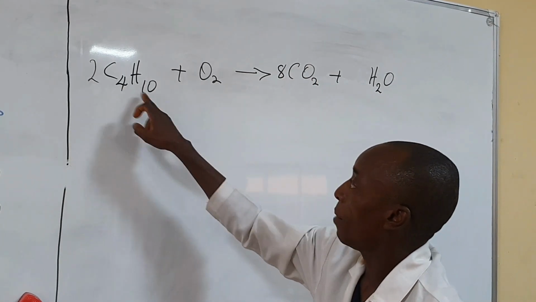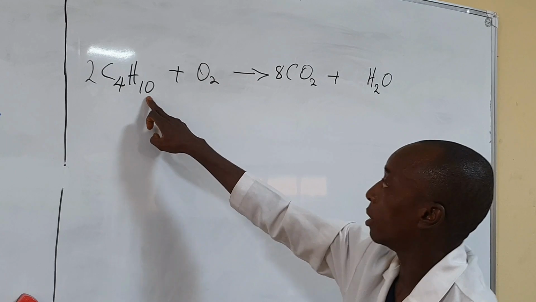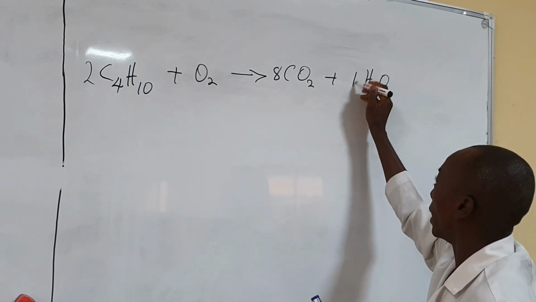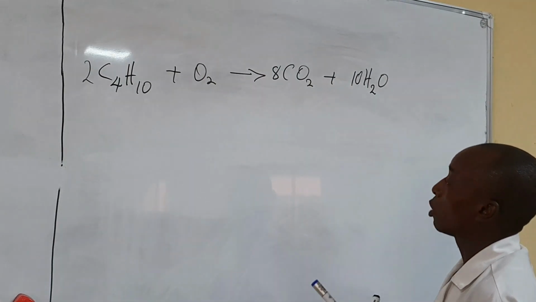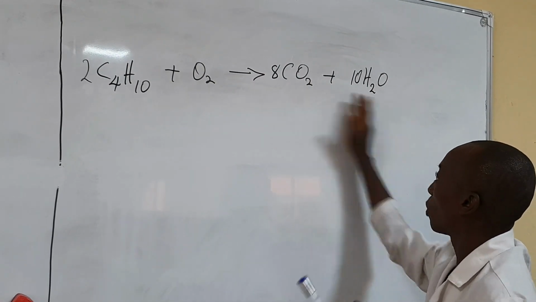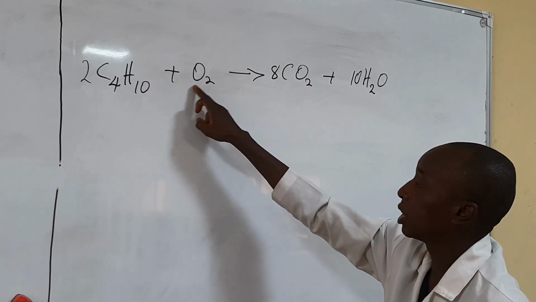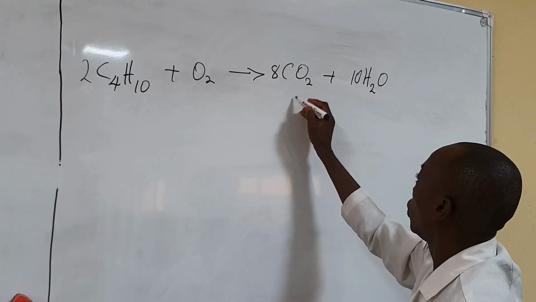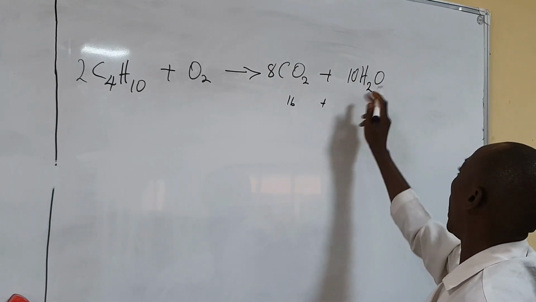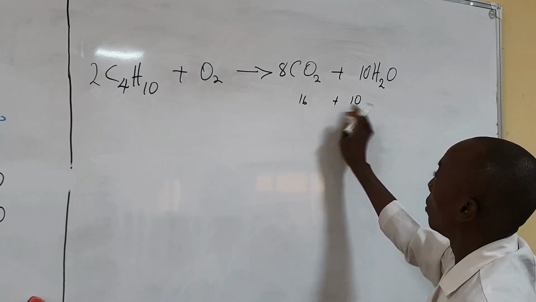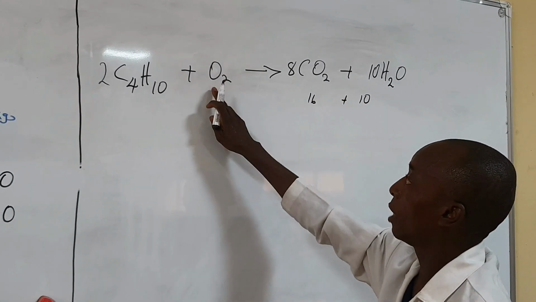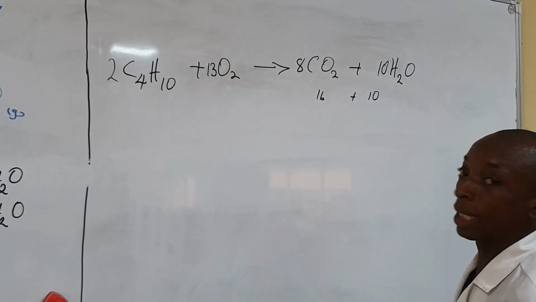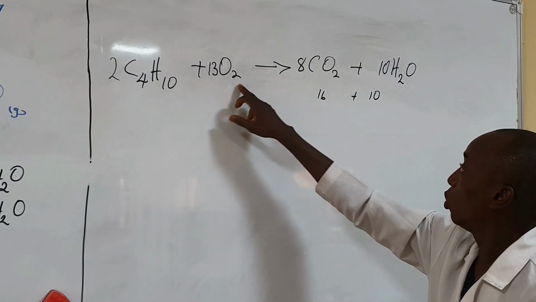Yes. How many atoms of hydrogen now? 2 times 10, 20 atoms of hydrogen. We have 2 here. That means 2 times 10, making 20. Yes, let's look at the number of oxygen atoms at the product side so as to balance the number of oxygen atoms at the reactant side. Yes, 2 times 8 times 2, 16, plus 10, that is 26. 26 divided by 2, that is 13. 13 times 2 will give you 26.